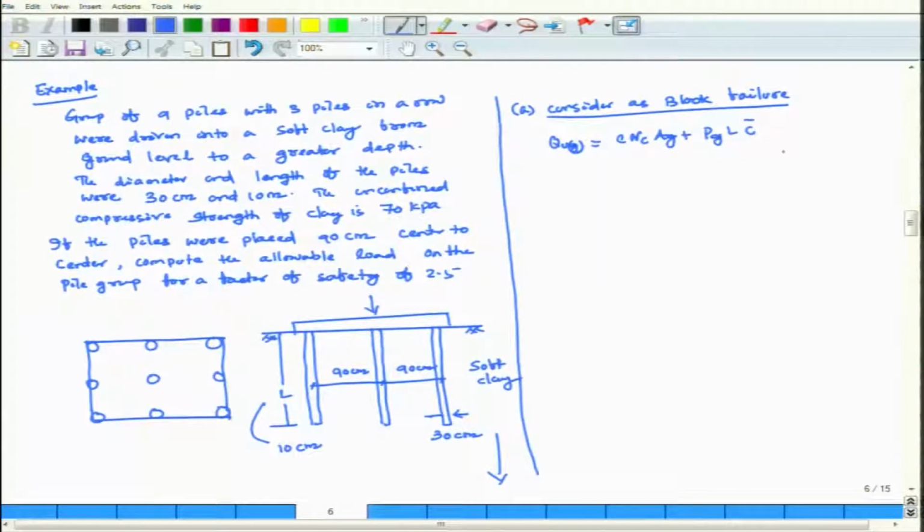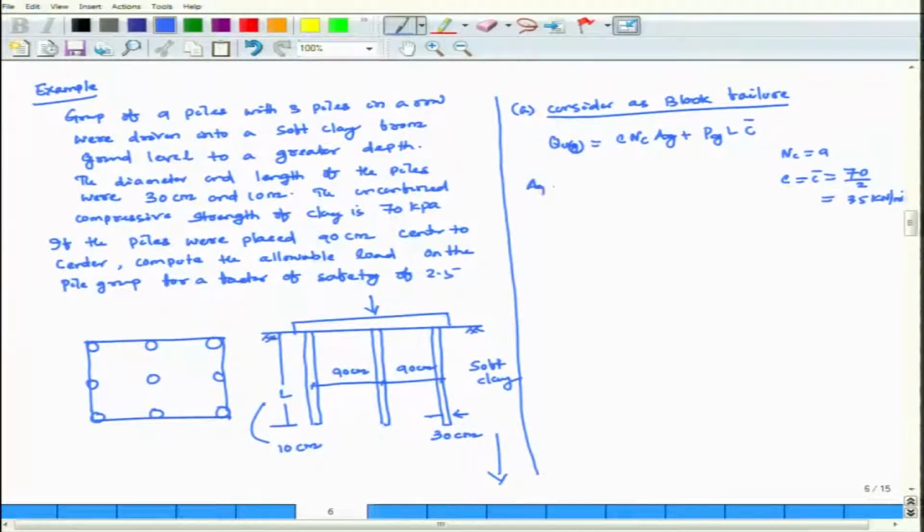Generally Nc is equal to 9 for soft clay, and c bar is equal to 70 by 2, which is 35 kilonewton per meter square.